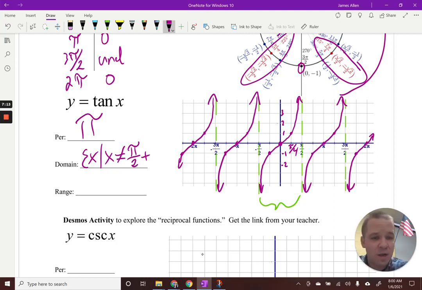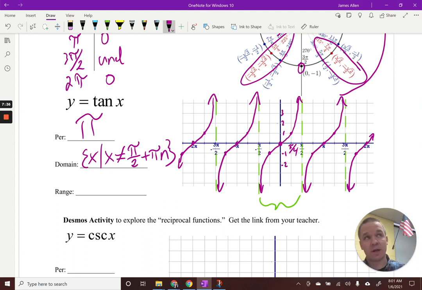That would be every pi, right? That's its period. So plus pi n, or n pi, however you want to write it, but I'm going to write it with pi n. There we go. Okay, so starting at pi over 2, and then I'm adding pi each time. And if n is negative, then I'm subtracting pi, so I am still taking care of the other side of the graph, right? Awesome, fantastic, wonderful.